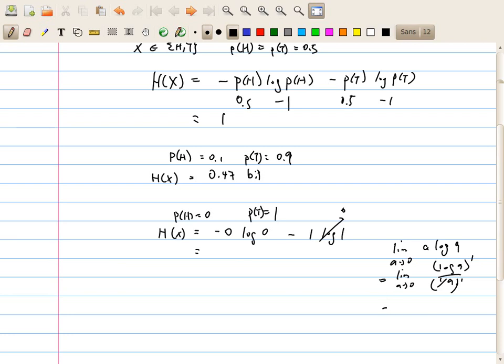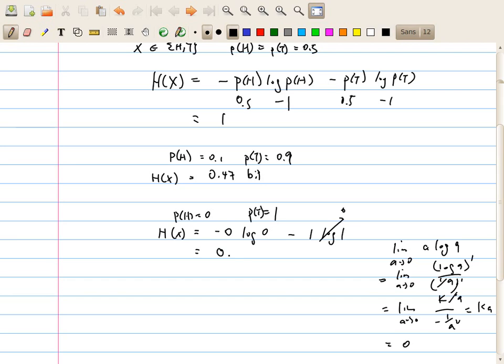The derivative of log a will be basically some constant over a, and the derivative of 1 over a will be minus 1 over a squared. So this will be basically a constant times minus a. If we take the limit as a goes to 0, it will just give us 0. Therefore H(X) would be equal to 0 here.